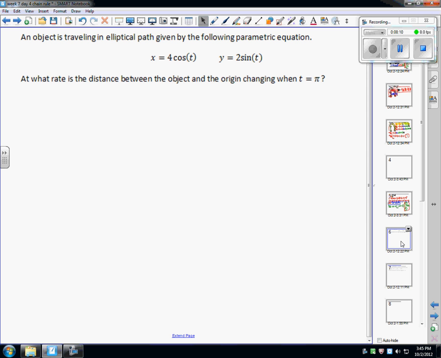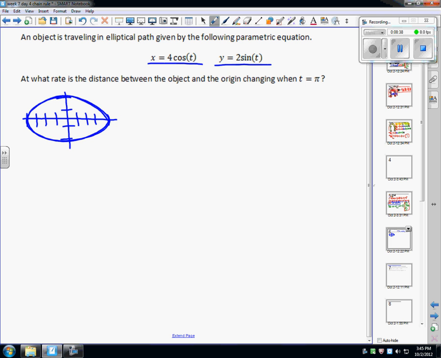So let's see if we can first get an idea of this by drawing a picture. So if I drew this picture here, 1, 2, 3, 4, 1, 2, 3, 4, up 2, up 2. Hopefully you're okay with this elliptical path that would be followed by the parametric equations given by the x and the y.